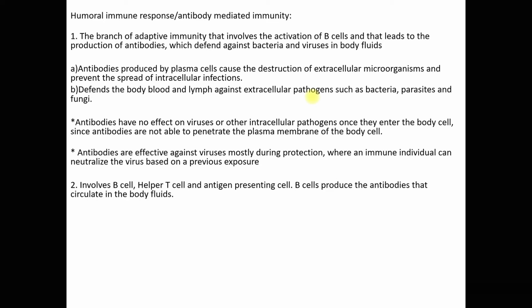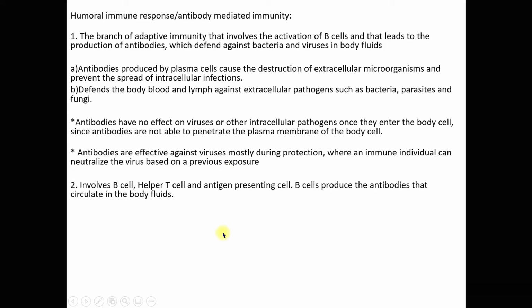Your B cell can also become an APC, an antigen presenting cell. Always remember, dalam humoral immune response, cytotoxic T cell is not involved here. For your level, it's sufficient for you to know that the humoral immune response involves B cell, helper T cell, and antigen presenting cells.